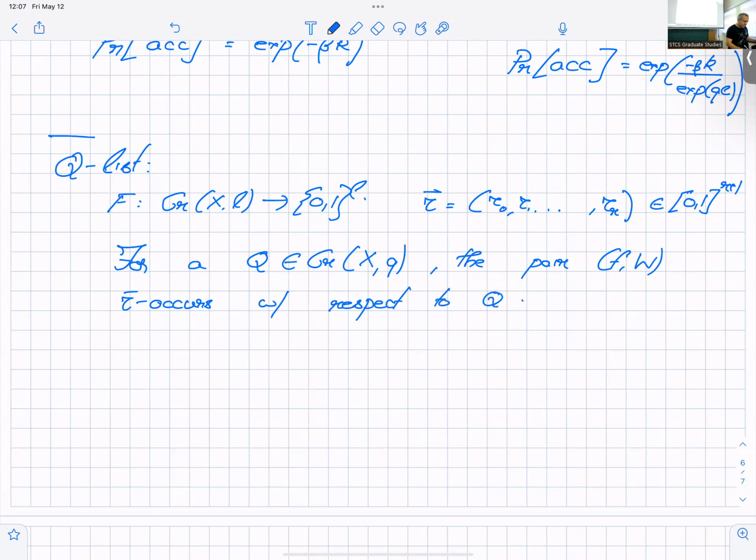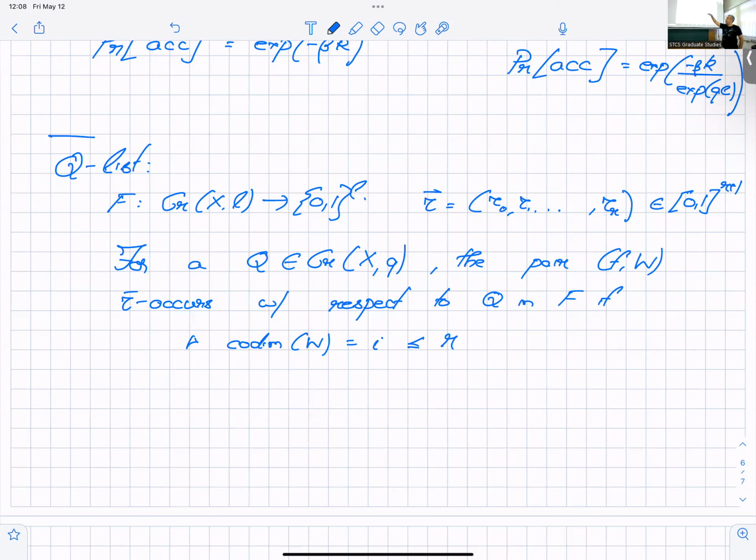if, firstly, the codimension of W is i, which is a number less than or equal to r. So I have a particular zoom from below, and I want to ask what's the corresponding zoom from above?